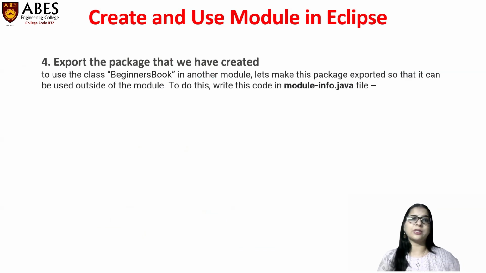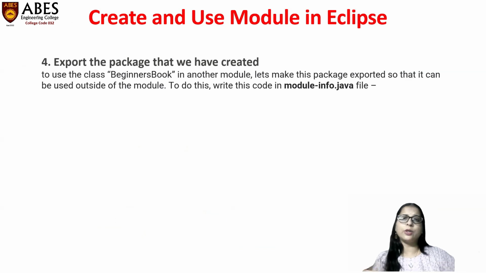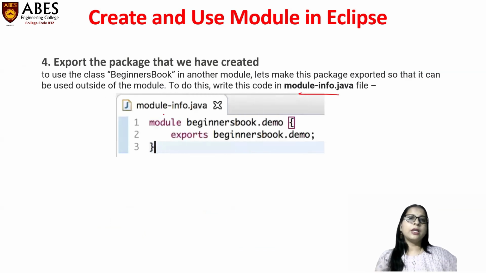Then the fourth step is, now you have to export the package that you have created. Suppose the package is beginnersbook.demo, and you want it to be exported to some other module. So you have to do the setting. How are you going to do the setting? You have to do that in the module-info.java file.